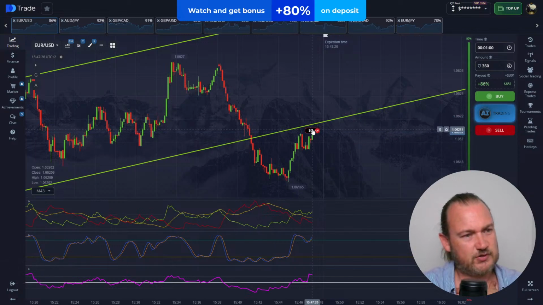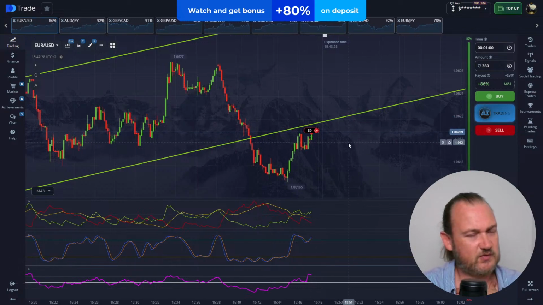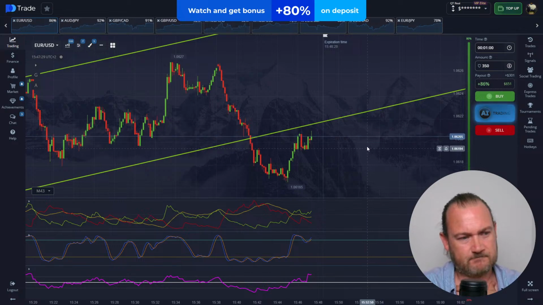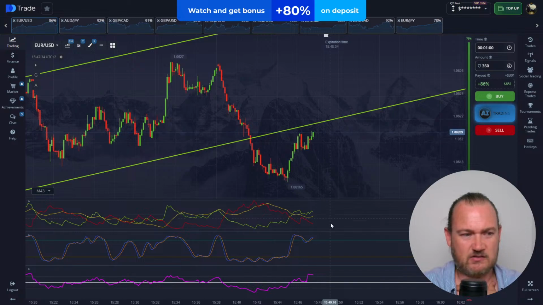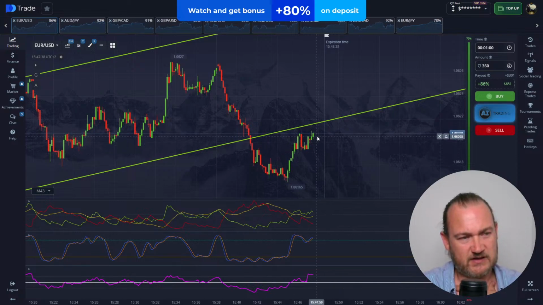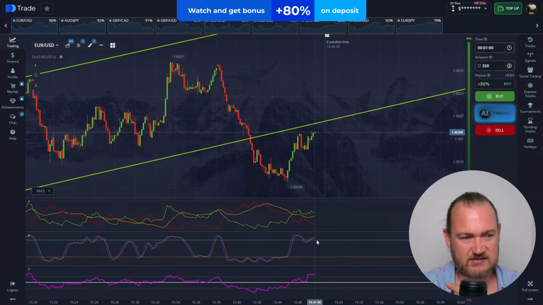We're going to see a push, and we're probably going to see divergence form, and I'll take another sell. Tempting as soon as the stochastic crosses down now, because we do have valid divergence as it is. If the stochastic keeps going higher, it's not going to be valid divergence, but at the moment it is.